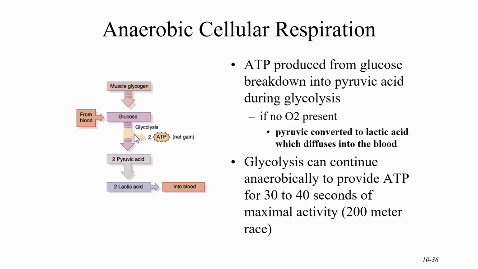We've made 4 ATPs, but it took 2 of those ATPs to snap that glucose in half. So our net gain is 2 ATPs. From there, that glucose snapped in half gives us 2 pyruvic acids. And if we don't go any farther because there's no oxygen, that's when we produce the 2 lactic acids. Okay.